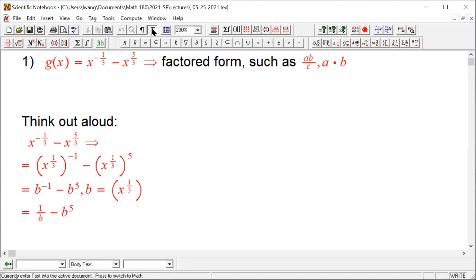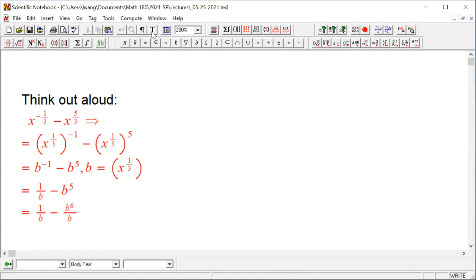Okay, and finding a common denominator. So you have a b here and you have a b to the power 6. So in the end, we're closer to that quotient form, the factor form. I call them factor form in general.